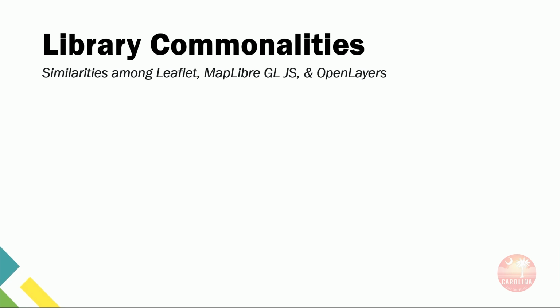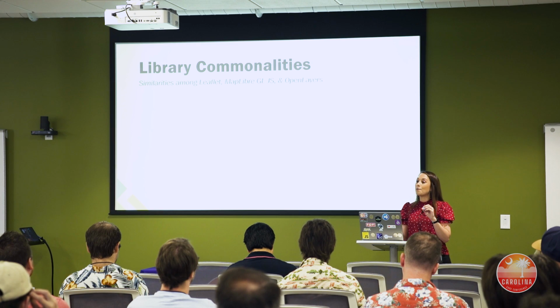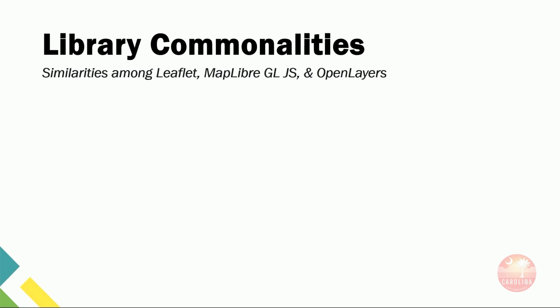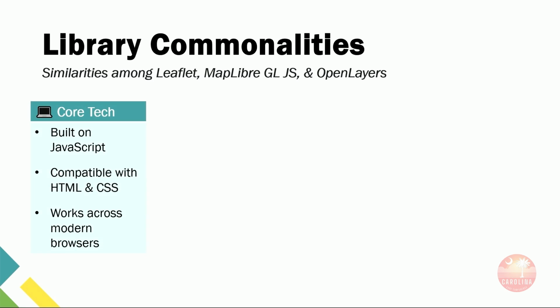All right. So we're going to go through some commonalities of the 3 mapping libraries that we're going to be looking at today, which are Leaflet, MapLibre GL JS, and OpenLayers. So has anyone ever used one of these before? Nice, awesome. So the first thing is the core technology. All of these are built with JavaScript, and they are compatible with HTML and CSS.